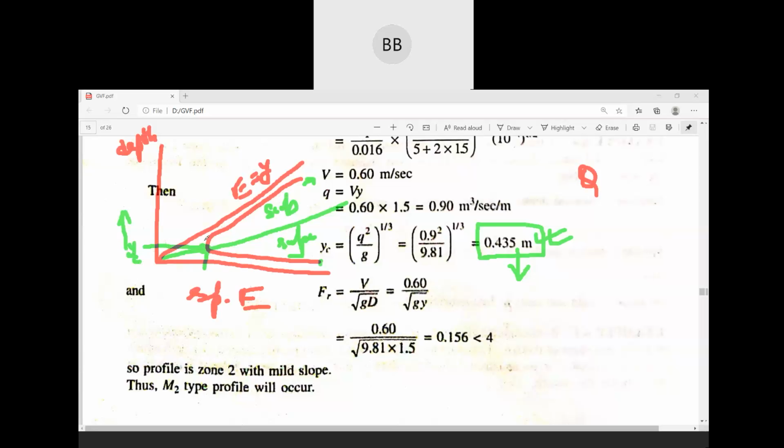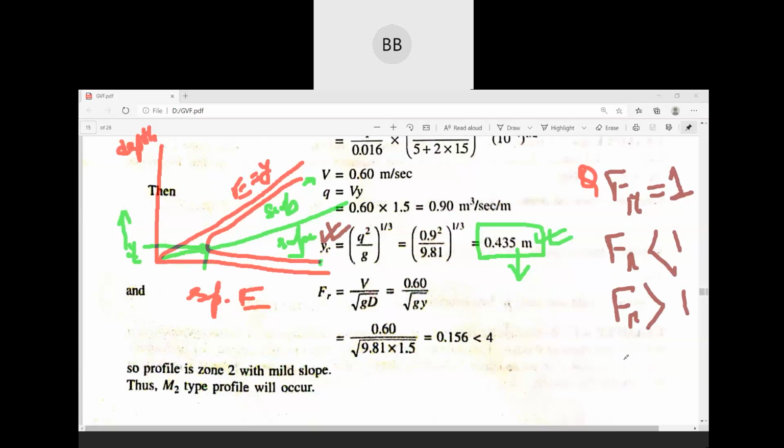For this minimum specific energy, or critical depth of flow, your Froude number is equal to 1. For any value in subcritical, your Froude number is less than 1, and for any value in supercritical, your Froude number is greater than 1.